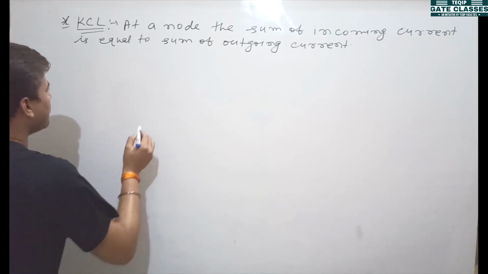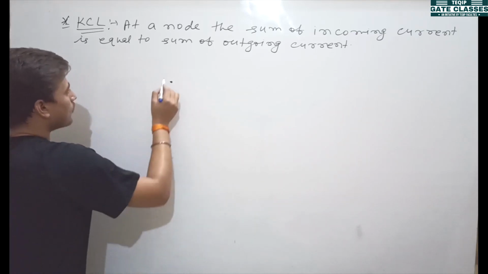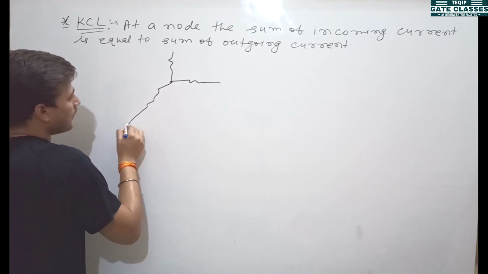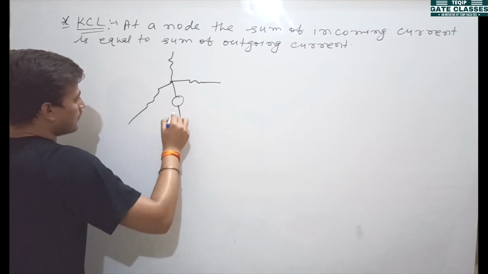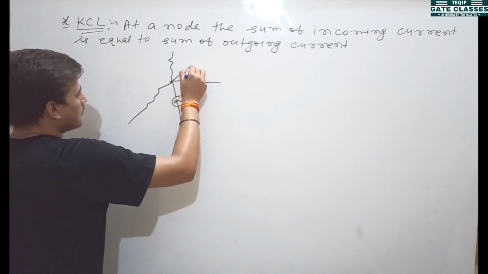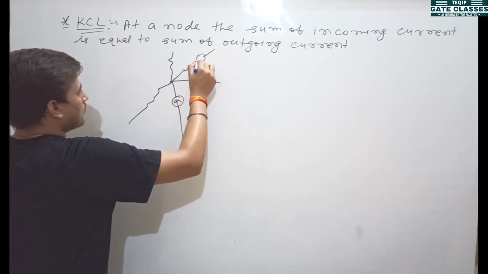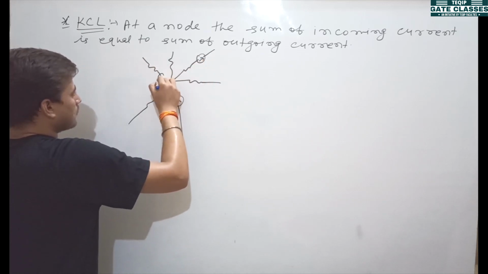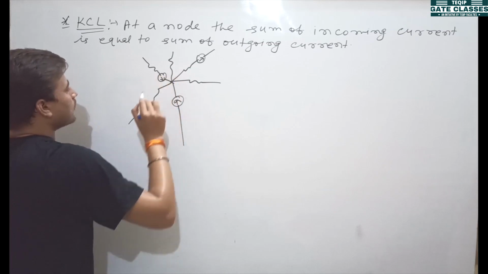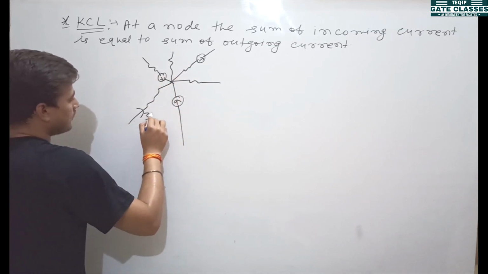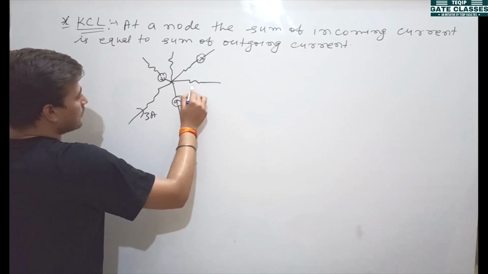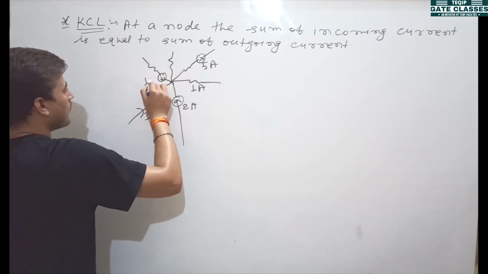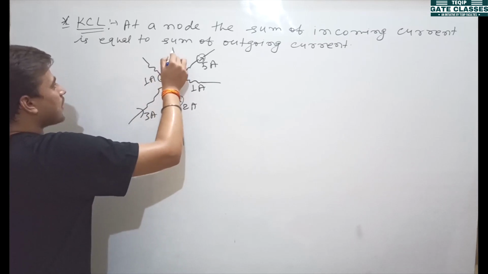What does it mean? It means you are having a node. There are many branches. Clear? Somebody is saying this is 3 ampere, this is 2 ampere, this is 1 ampere, this is 5 ampere, this is 1 ampere, and this current is not known to you.